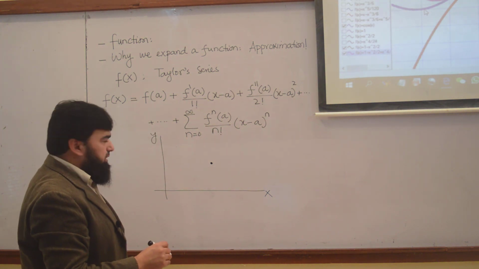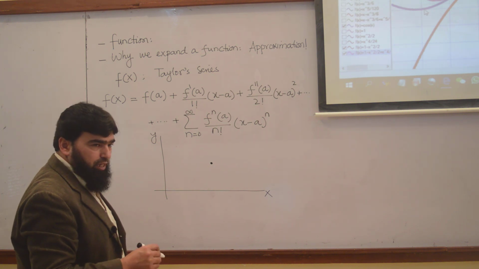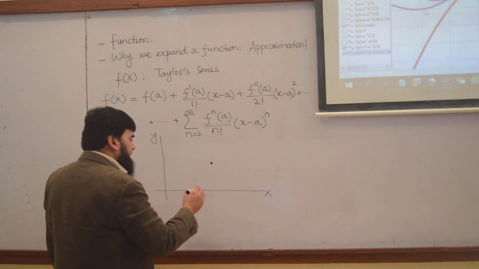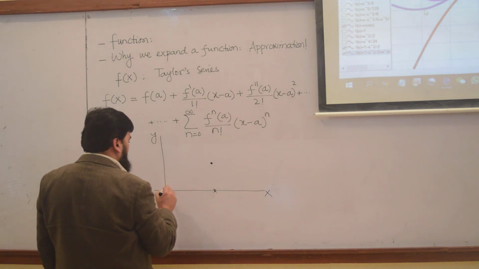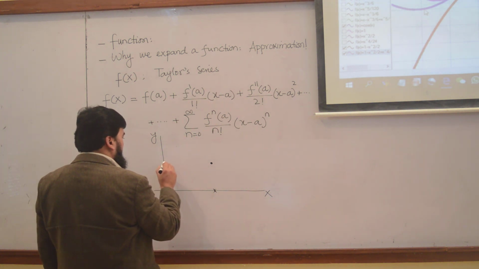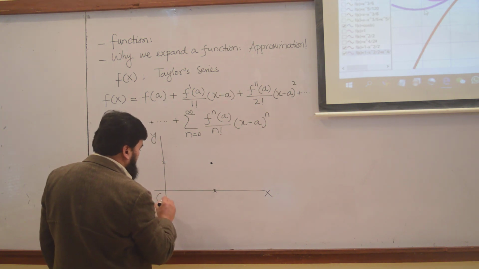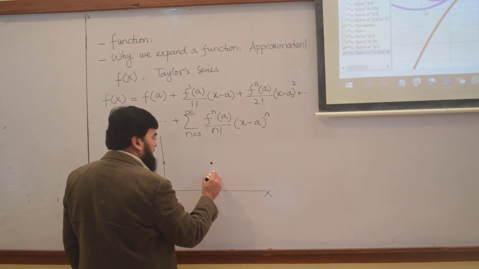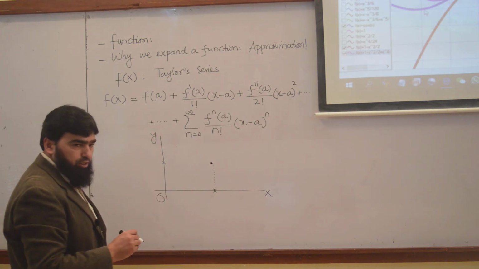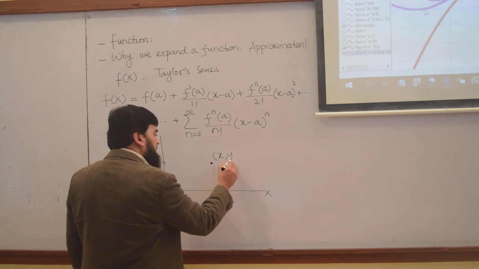If I ask where point A is, then I will say go this many points along x, and then go this many points along y. Go first from the origin to x this many points, and then from x go this many points along y, and you will have this point xy.